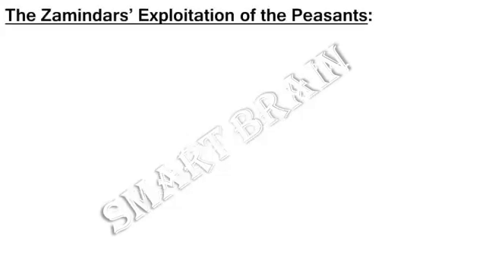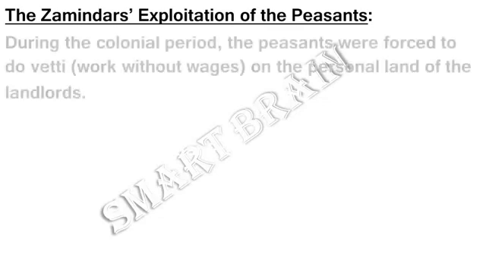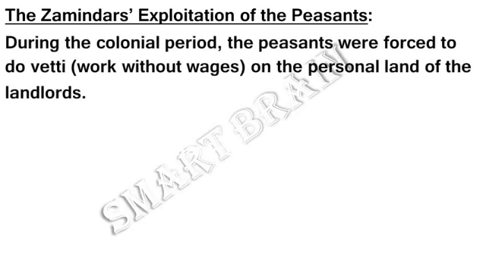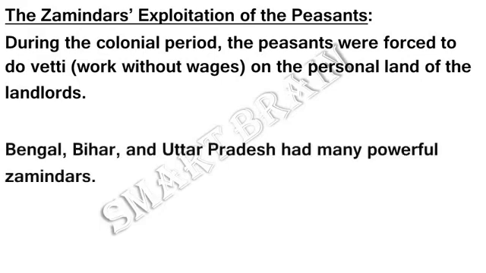The Zamindars' exploitation of the peasants. During the colonial period, the peasants were forced to do vetti on the personal land of the landlords. Bengal, Bihar, and Uttar Pradesh had many powerful zamindars.